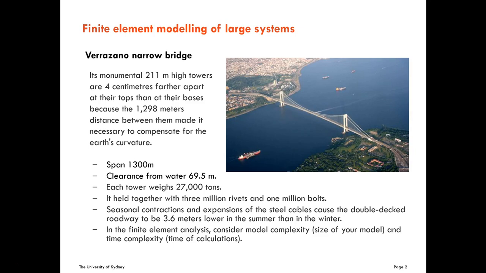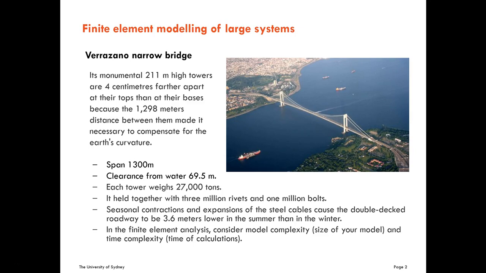But another problem appears here with the number of elements in this tower. This tower has 3 million rivets and 1 million bolts. So, are we going to model individual rivets and bolts in the finite element analysis?